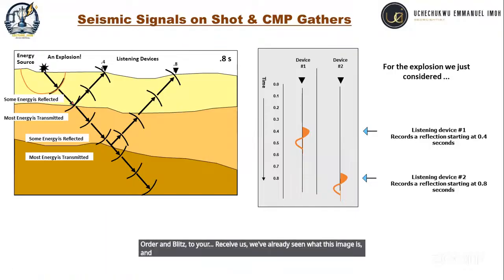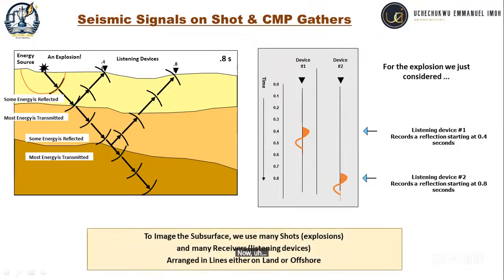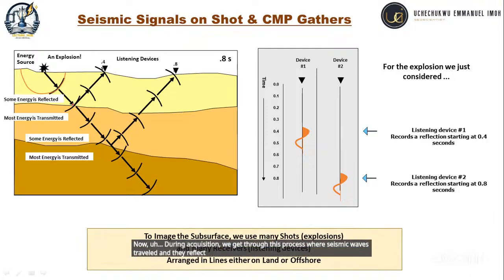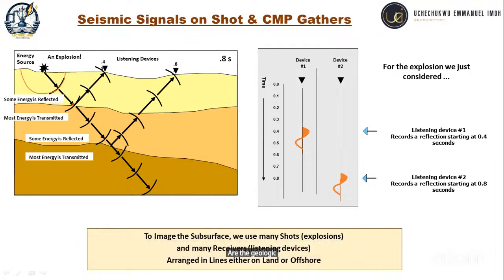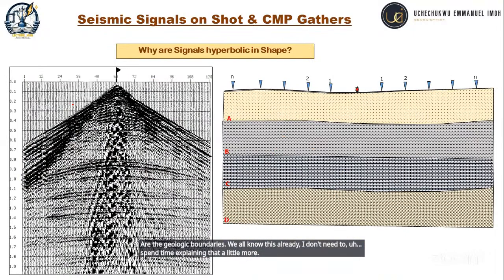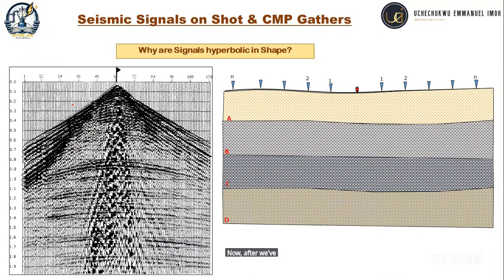Now, during acquisition, we go through this process where seismic waves travel and reflect at the geologic boundaries. We all know this already. I don't need to spend time explaining that anymore. Now, after we've acquired the seismic data, we will come up with the shot gather that looks like this.